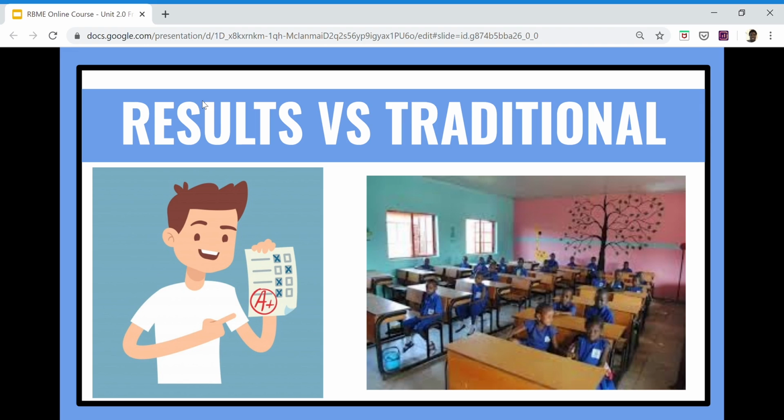Can we know if teachers are actually visiting the classroom? So the results you achieve in traditional M&E would stay at the output level. I'm sure you now understand what we mean by output, which is the immediate result from your activities in terms of reach as well. So that is what traditional M&E is.